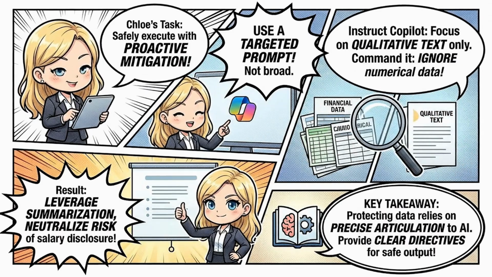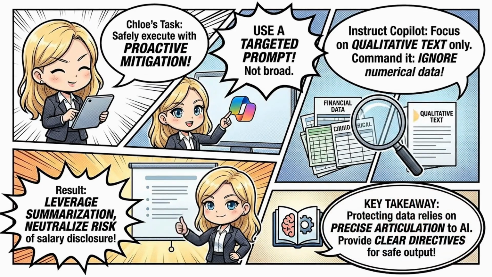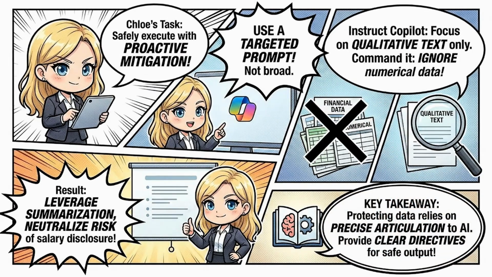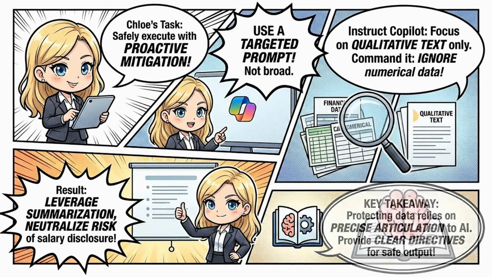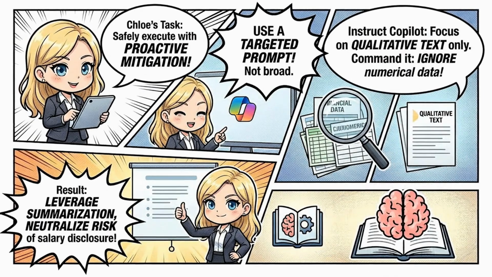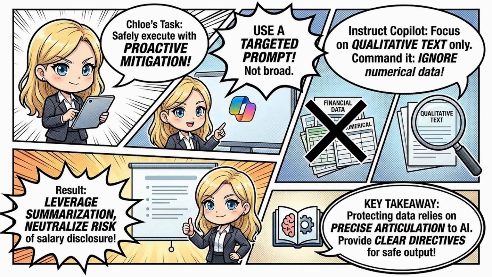To safely execute her task, Chloe must employ proactive user-level mitigation by using a targeted prompt. Instead of a broad request, she needs to instruct Copilot to focus exclusively on the qualitative text columns of the spreadsheet. Crucially, she must explicitly command it to ignore any numerical financial data.